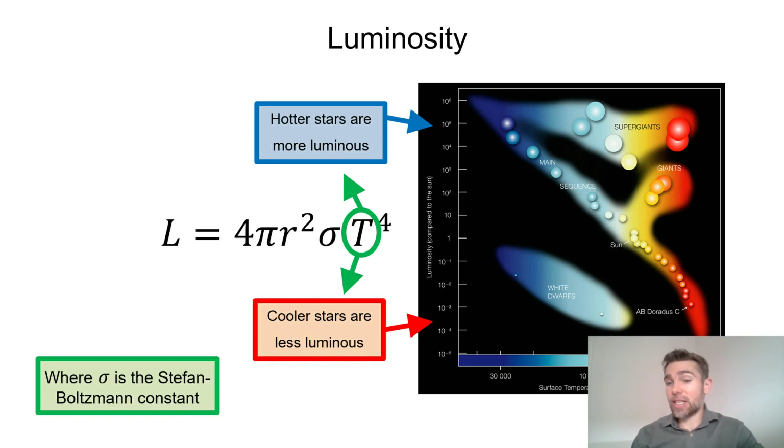And you can see on the main sequence there that as we reduce the temperature, then we reduce the luminosity as well. So we can see on the right hand side, at the bottom, you've got your red dwarf stars. They are significantly less luminous than your hottest stars right at the top on the left hand side.